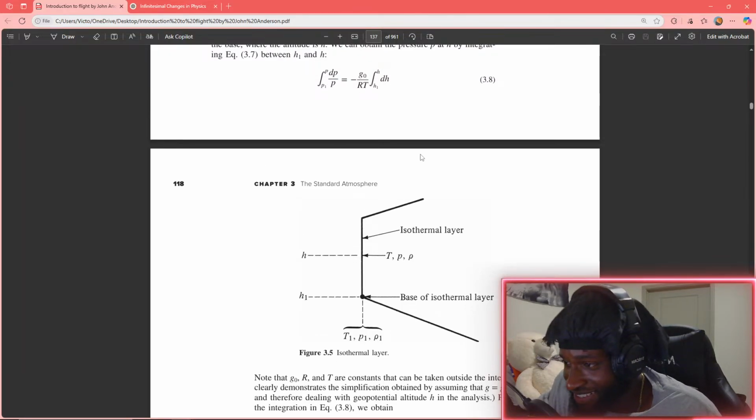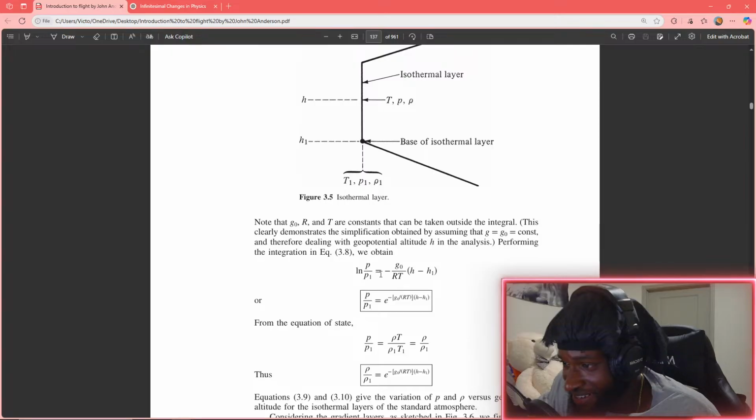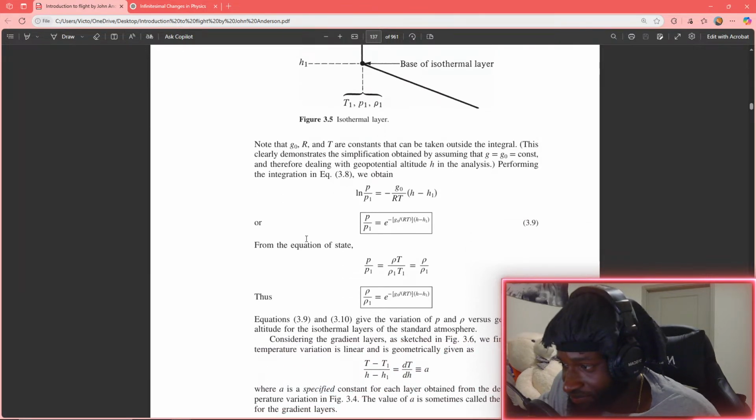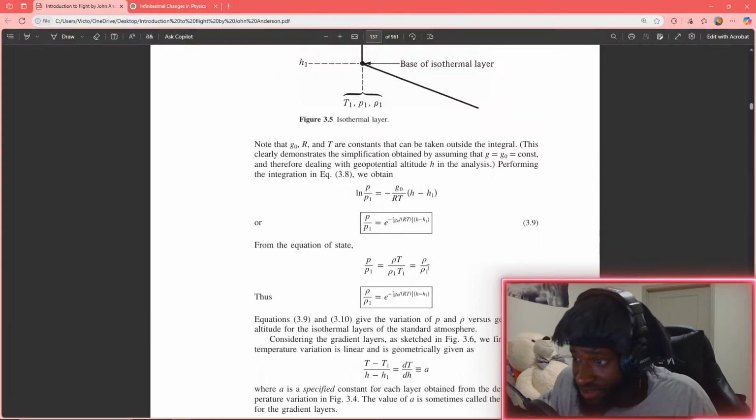We're not gonna talk about this. Integrates to 1. Alright, so natural log of P over P1 is equal to... Alright. From the equation of state, P over P1 is equal to density times temperature over density 1 times temperature 1, which is equal to density over density 1.